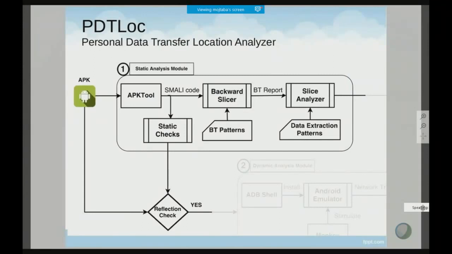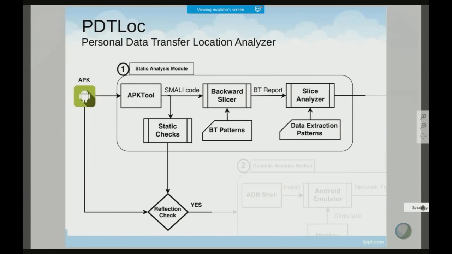For the static analysis, we extract Smali code, and we analyze the code in a backward manner. I mean, we don't go from source to sink like the typical state of the art; we go from sink to source, because we are looking for particular things.